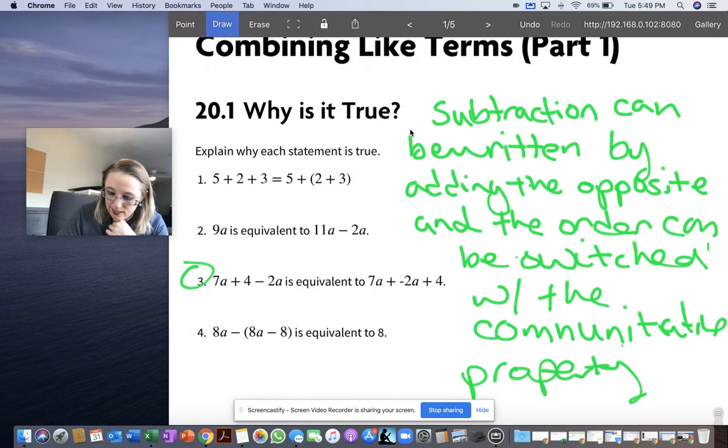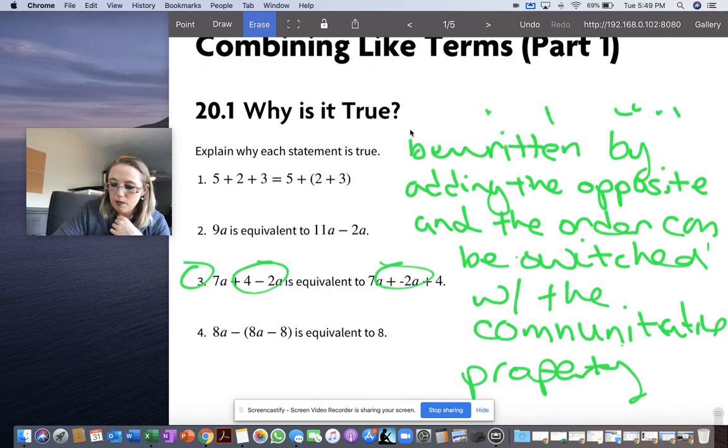Okay? So really, this is just saying the same thing with different signs. Okay, that's pretty easy to see. Pause if you need to.